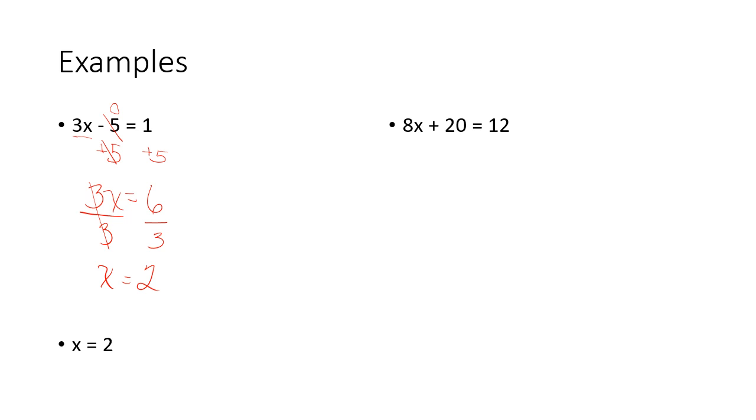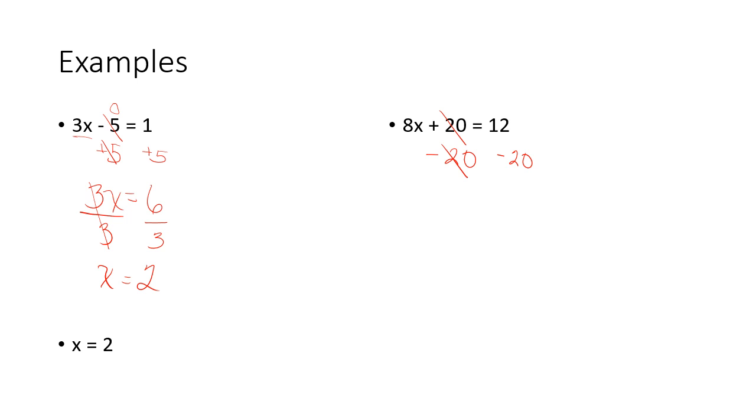Let's look at another example. Again, simple. What's the additive inverse of 20? It's negative 20. We do negative 20 on one side and negative 20 on the other side.